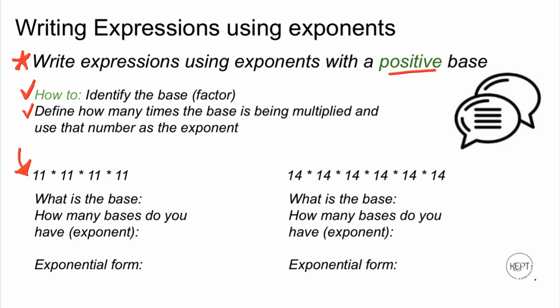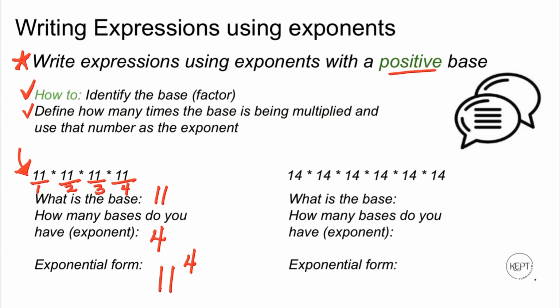What is being multiplied? Well, we can see that 11 is our base, and that is what is being multiplied. How many times do we see this being multiplied? Well, that answer is 1, 2, 3, 4, so that means our exponent will be 4. Now to write this in the exponential form, we would write 11 as our base with an exponent of 4.